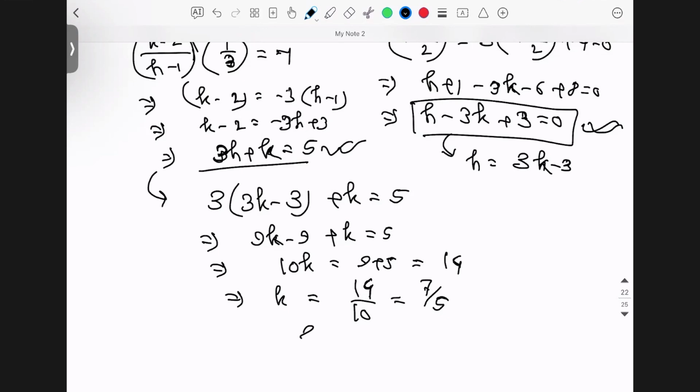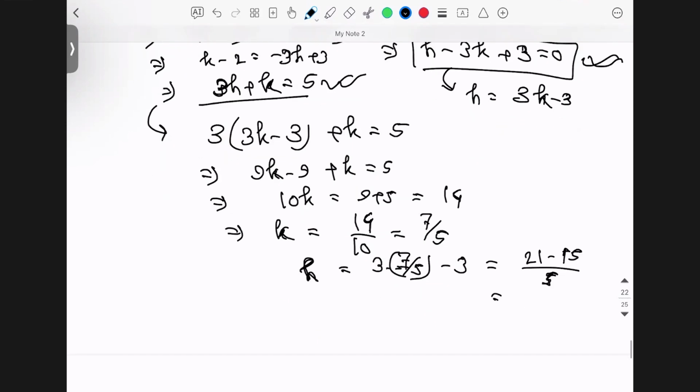And what is h? h equals, let's see, we ultimately get 6 by 5.